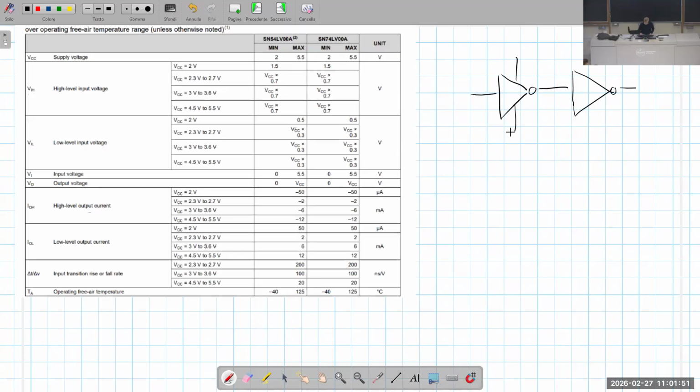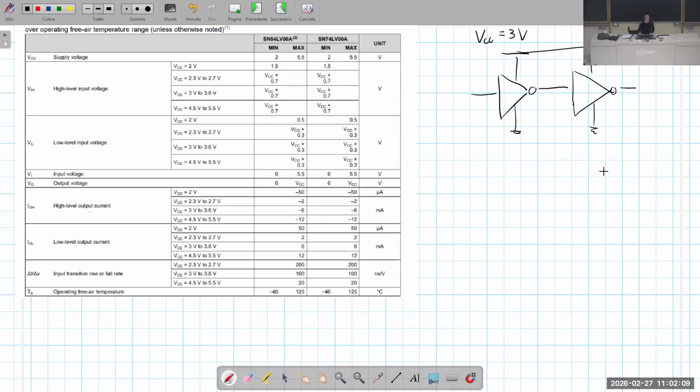Let's suppose that the gate number 1 is operated at a supply voltage VCC equal to 3 volt, and the same is true for the second gate.